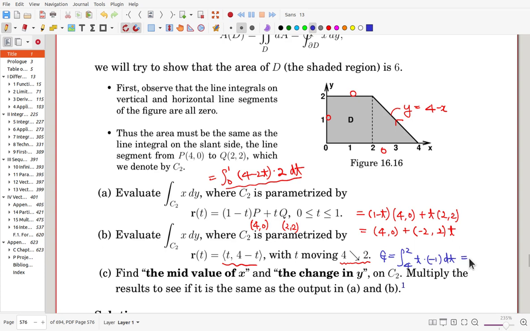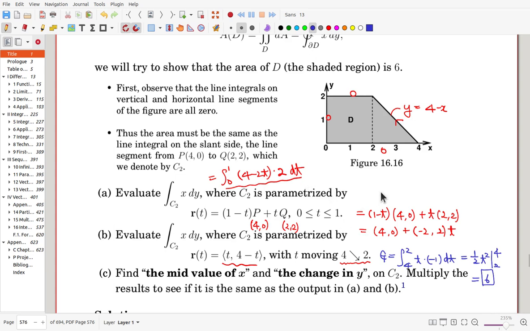So for that one, we get half t squared, along with this negation, you can change the order, and 2 and 4, so that is 16 minus 4, which is 12, divided by 2, that is 6. Of course, the area of this region is 6. From this one, again, you will get the same answer.